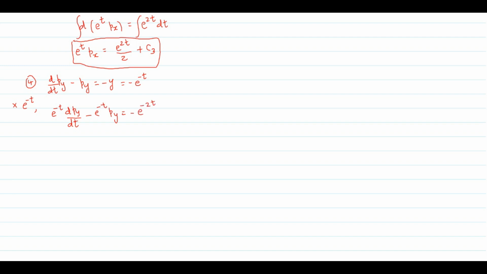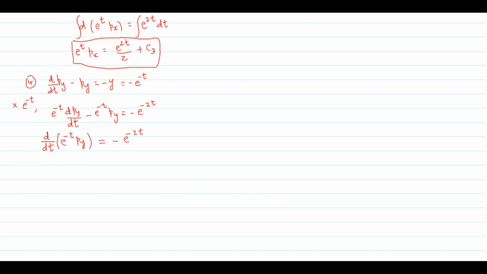So the left hand side can be written as d by dt of e power minus t p y. You can check that when I open this derivative, you get the above expression.